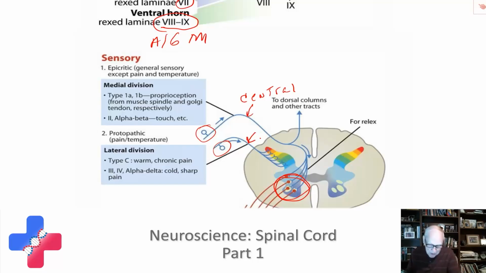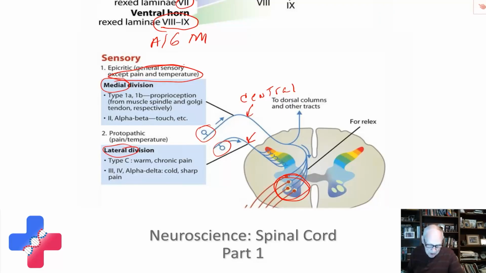Now, you might remember within the dorsal root, these central fibers of the unipolar neurons organize themselves into a medial group and a lateral group. Just briefly note that. Notice the medial division fibers are the ones carrying most of the sensory modalities, all the modalities except pain and temperature. So again, these are general sensory fibers except pain and temperature.